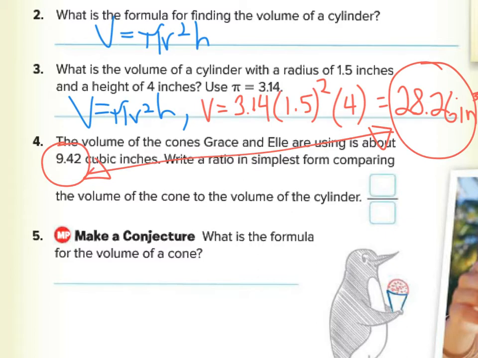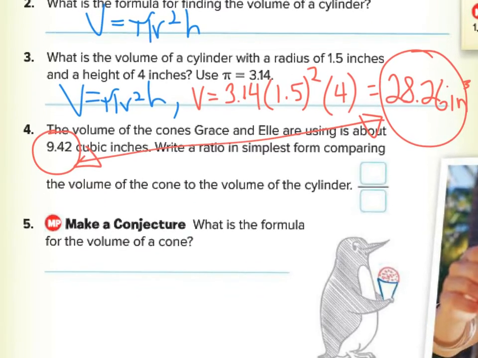Well, let's write 9.42 over 28.26. Now, I have not simplified that yet, but if I were to simplify, I would ask myself, how many times does this number go into this number? Well, it's 1/3, right?